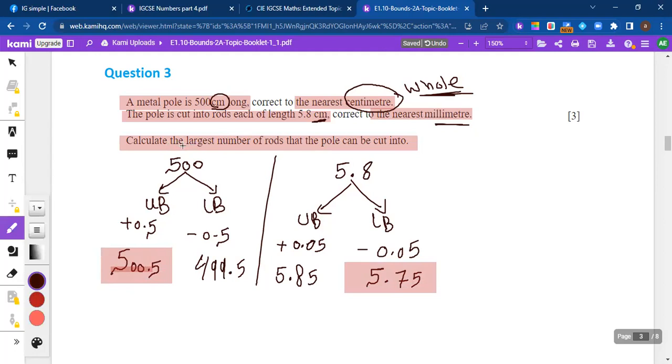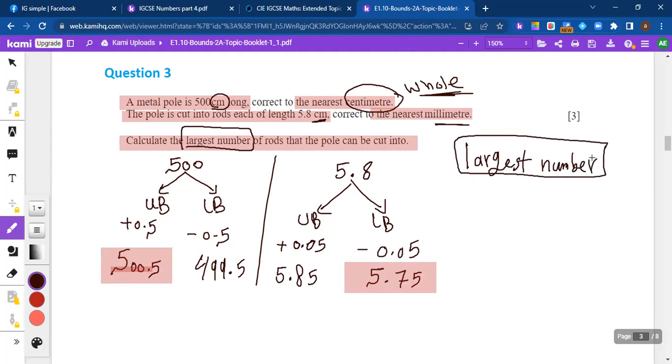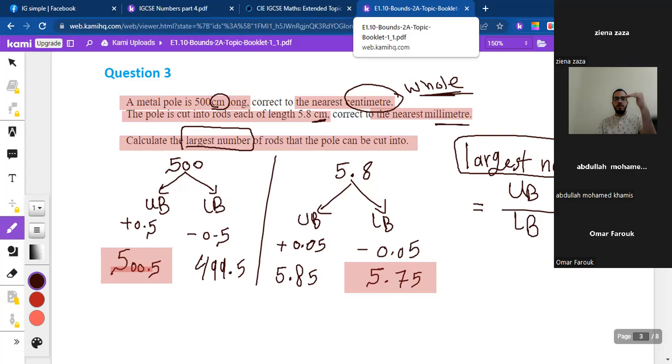Here he says calculate the largest number. For the largest number in the division, if you check the notes, we divide the upper by the lower. So in the division, you divide the largest number by the lower number.